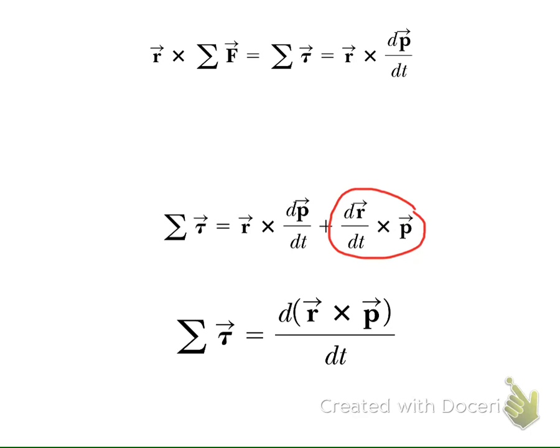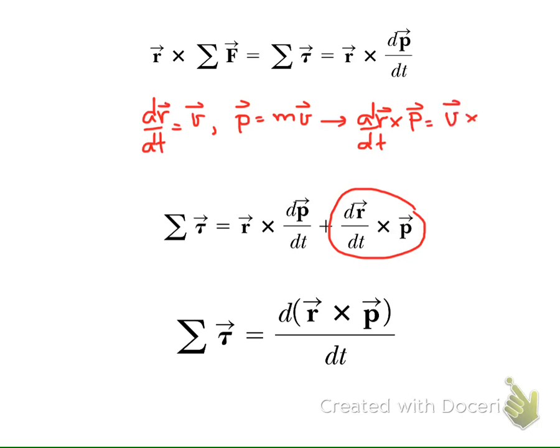We can do this because, by definition, we know that dr by dt is equal to v, the velocity of the particle, and we also have p equal to mv. So dr by dt cross p is equal to v cross mv.